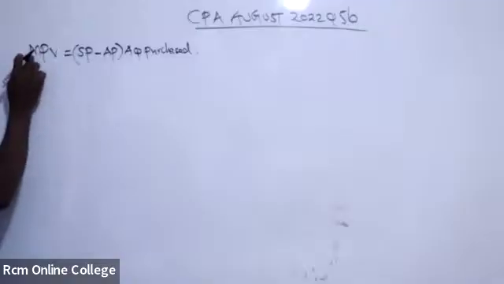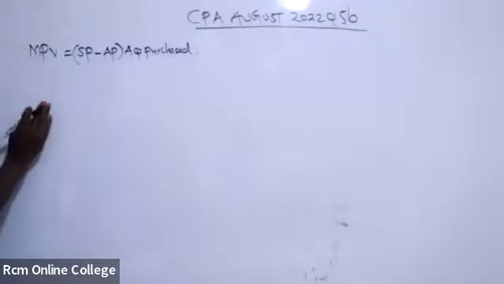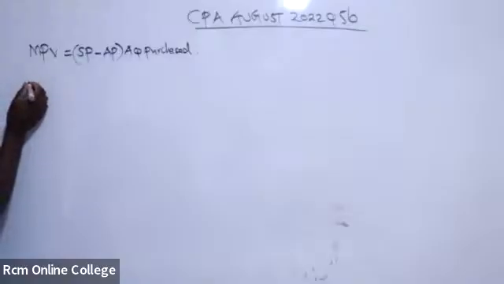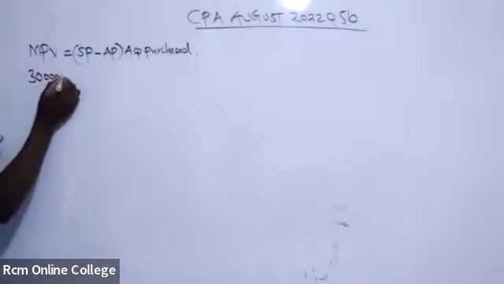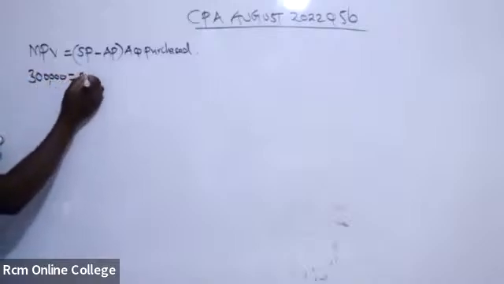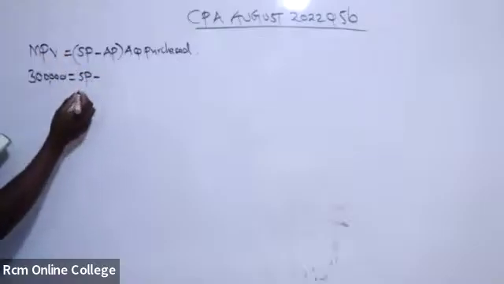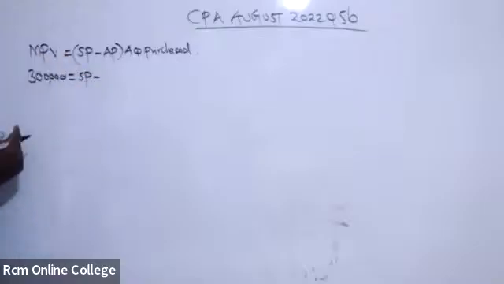Now, can we look at the price variance that has been given? Remember, this is not a reverse variance, so if you get a negative, you call it adverse. I can see that the amount is 300,000 favorable. A positive of 300,000, right, is equal to the standard price, which we are looking for, minus actual price of raw material. Do we have the actual price of raw material?